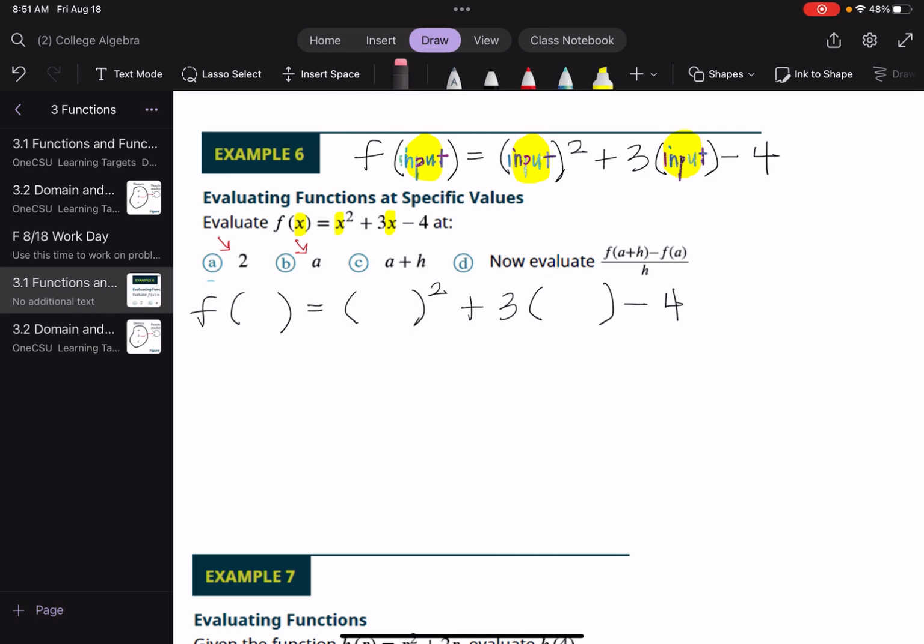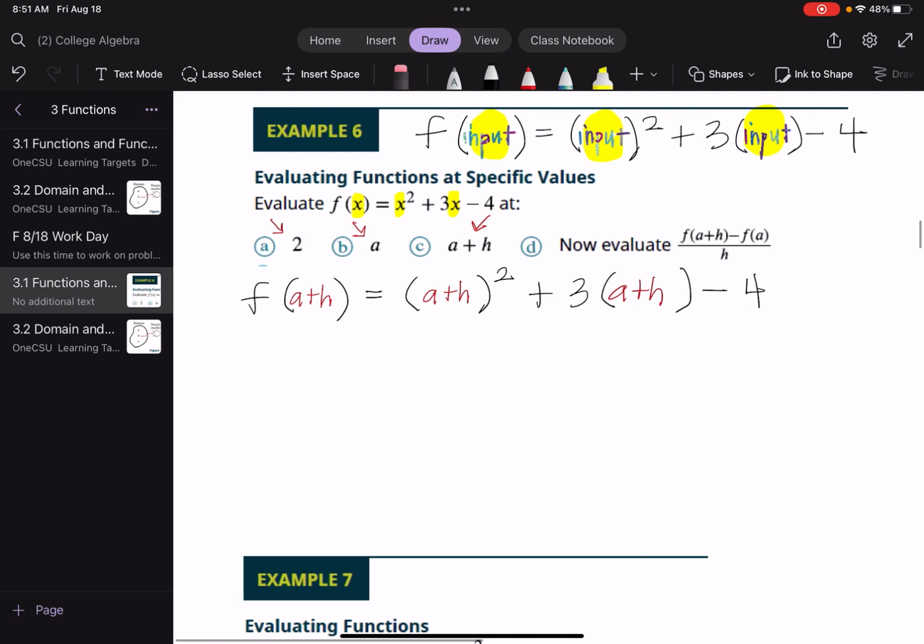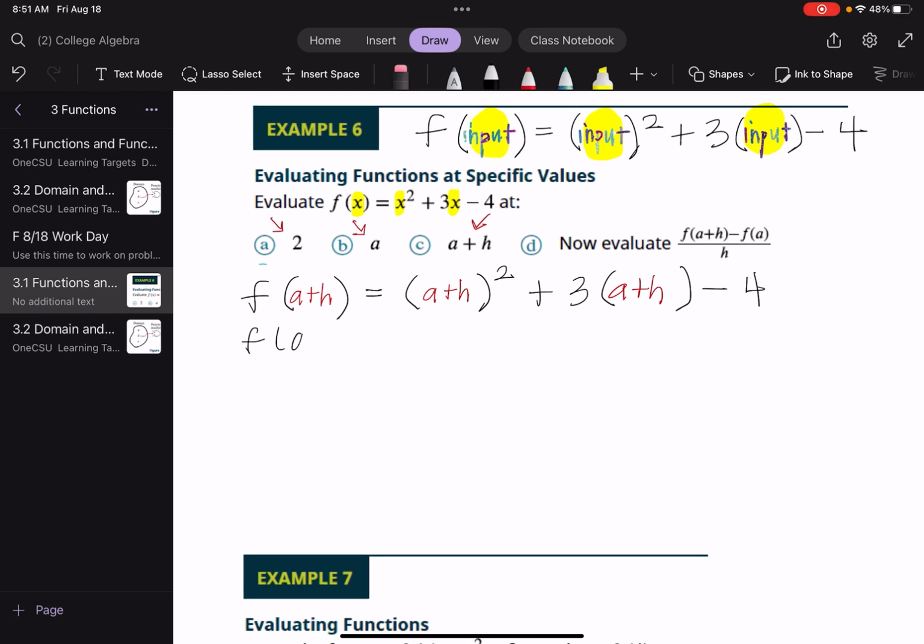Now we're substituting, instead of a single value, a whole expression as the input. And so this is a plus h, a plus h, a plus h. And then just like we did before, now we just need to clean it up, right? So to do some scratch work, I don't like to do a bunch of calculations in the line of the problem.